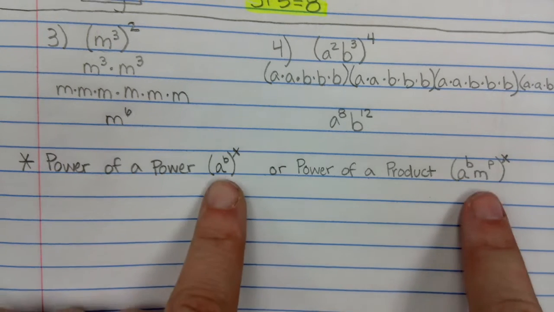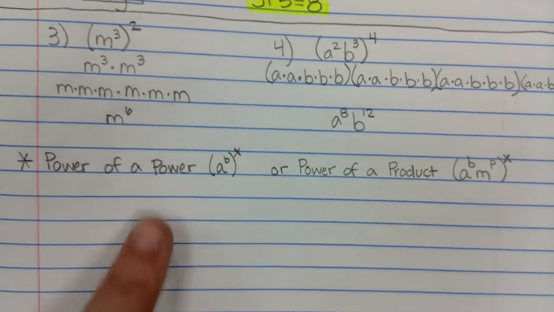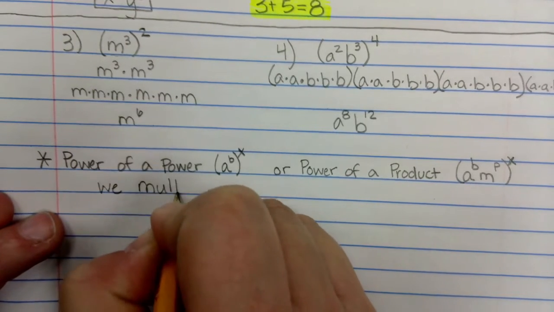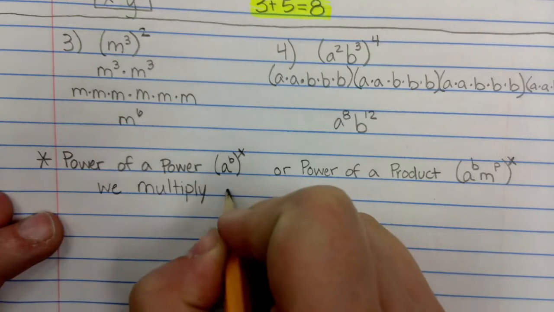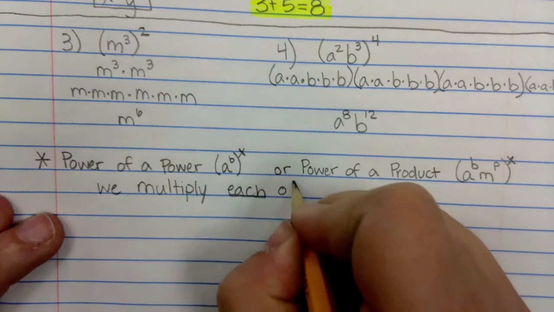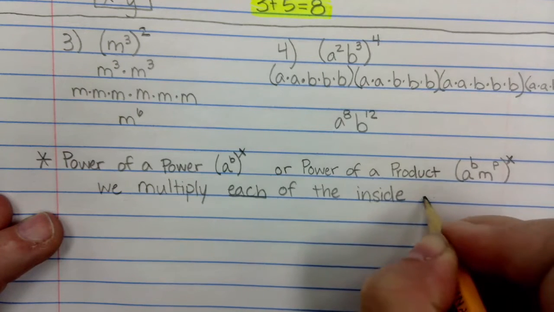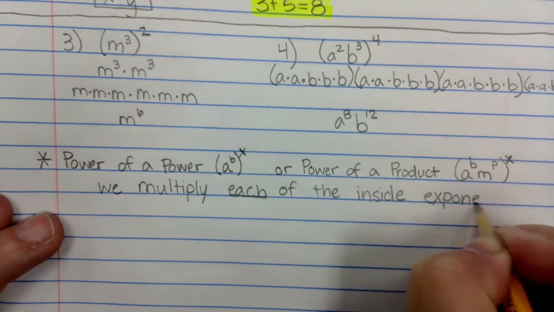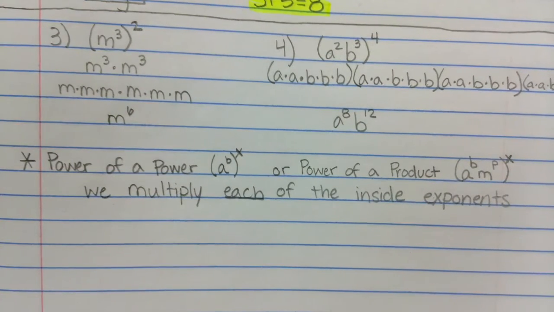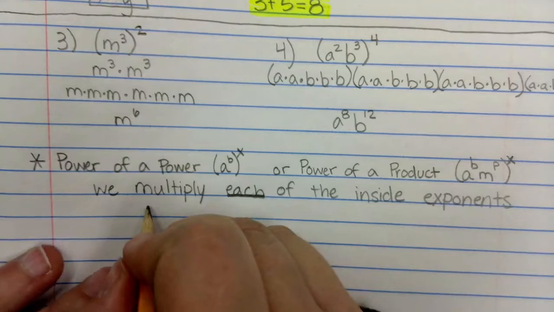So when we have those parentheses with an exponent on the inside and an exponent on the outside, a power of a power, we are going to multiply each of the inside exponents. We multiply each, and I underlined that word each because that's really important. And we multiply it by the outside exponent.